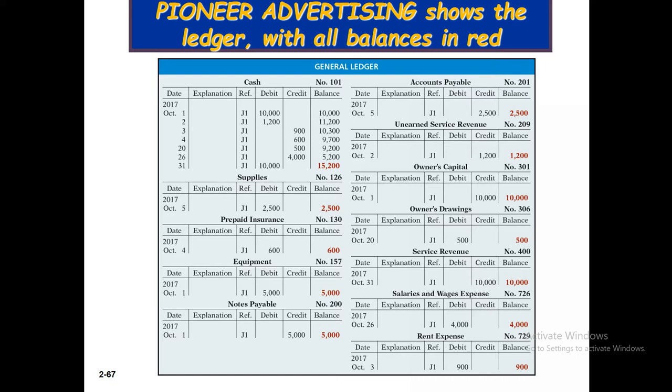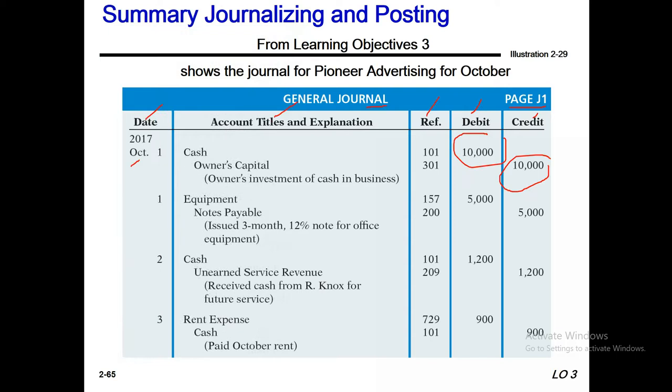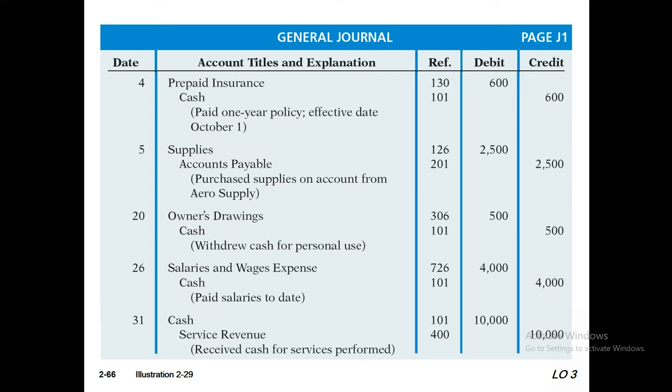You can see here, this is the cash. All cash will be considered here. This one is a debit balance, this is also a debit balance. This one is a credit balance, this is a credit balance, this is also credit, and this is a debit balance.